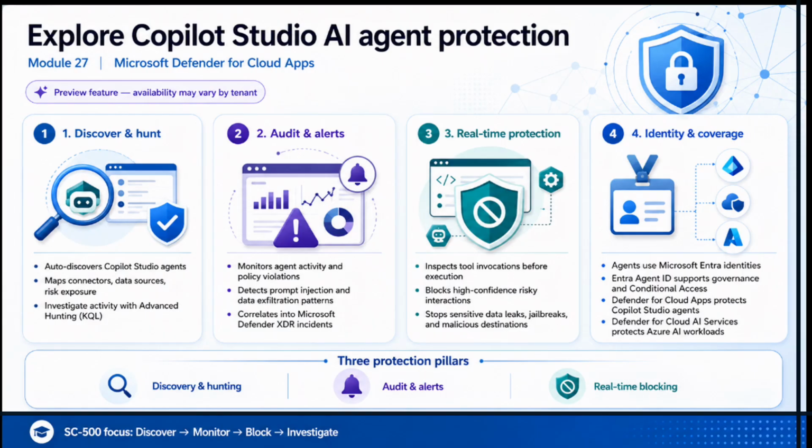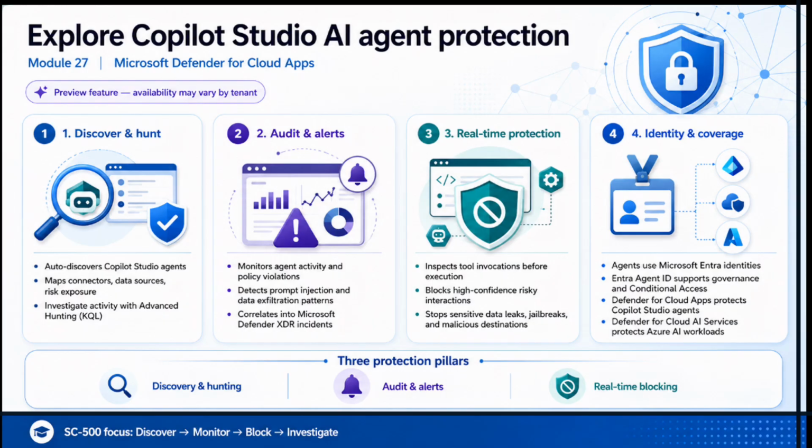In this first objective, explore Copilot Studio AI agents protection. Copilot Studio agents can connect to business data, call tools, and perform actions for users, which also makes them an attractive target for attackers.